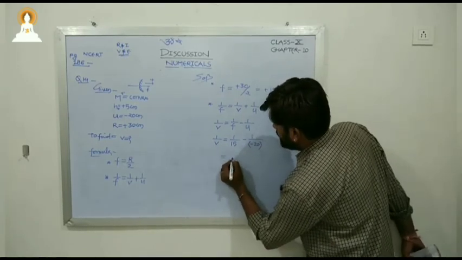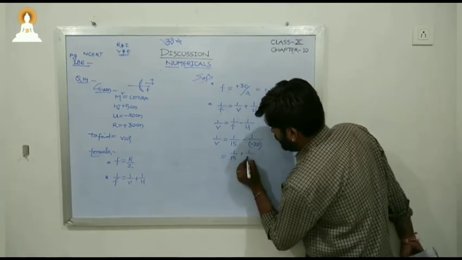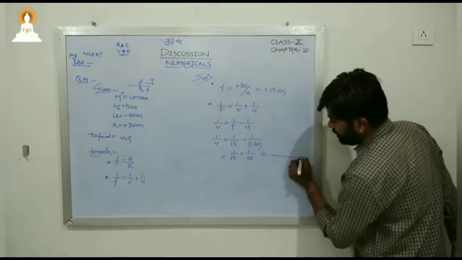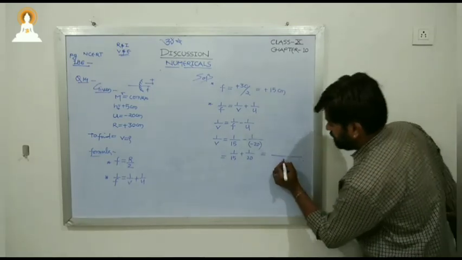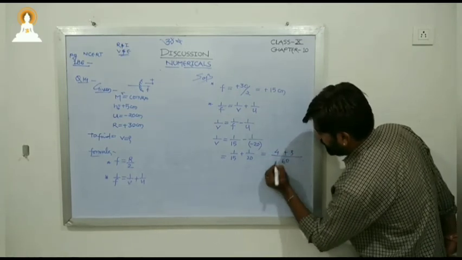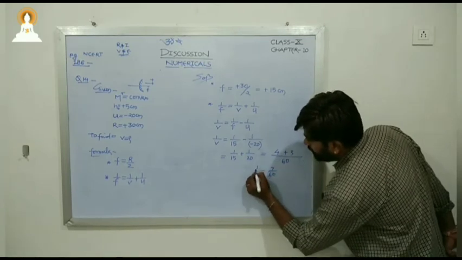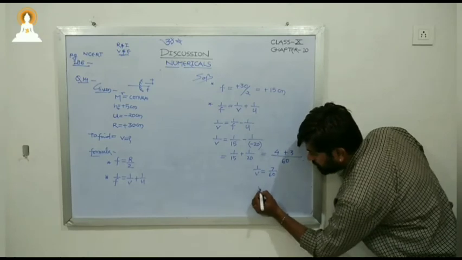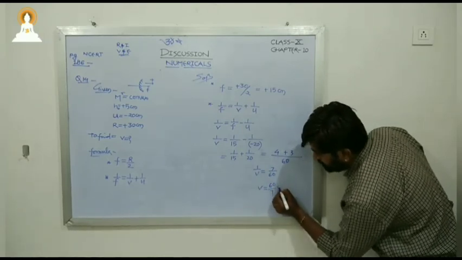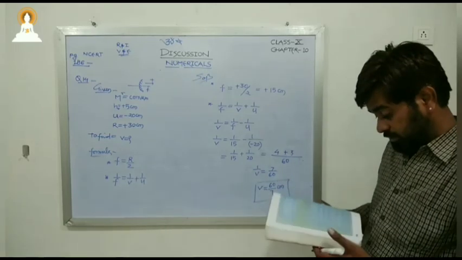So that is nothing but 1 upon 15 plus 1 upon 20. 20 and 15 LCM, 60. So we will have 7 by 60. 7 by 60 is nothing but 1 upon v. So from here we may say v is equal to 60 by 7 centimeter.